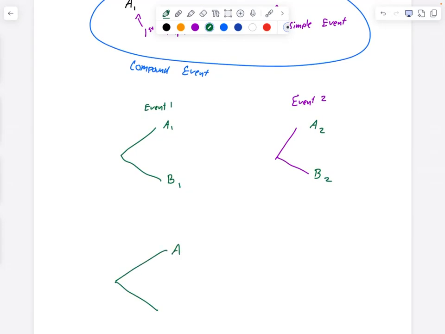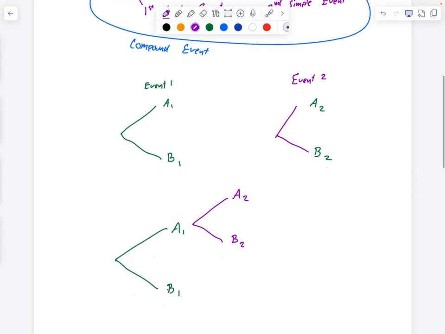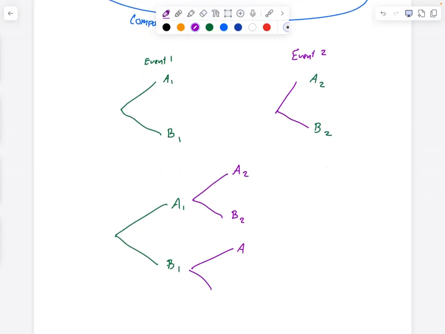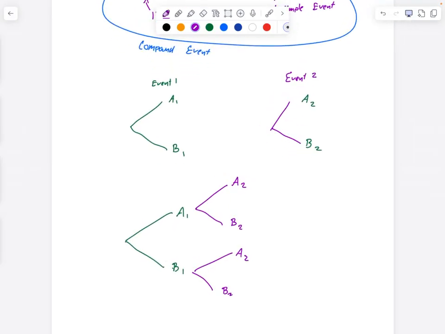It can be A or B, and then from each one of them, it can be A or B. A or B.